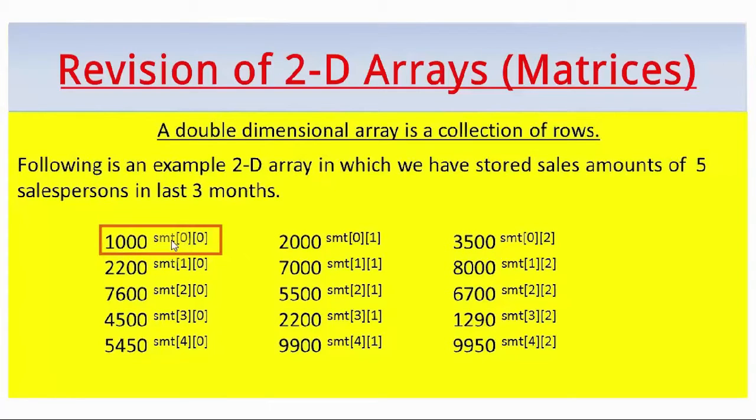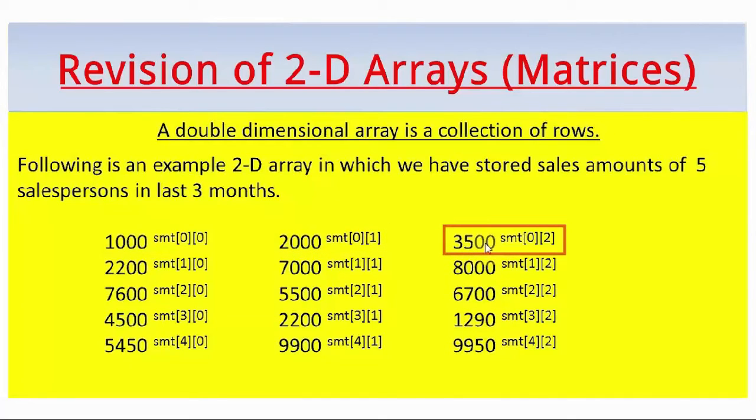This SMT is nothing else, but I have assumed it to be the name of my 2D array. It could be anything. So I have named it, suppose, SMT. I would say the first element will be represented as SMT00. The second element of the first row, that is 2000 in this example, will be represented through the array element SMT01.